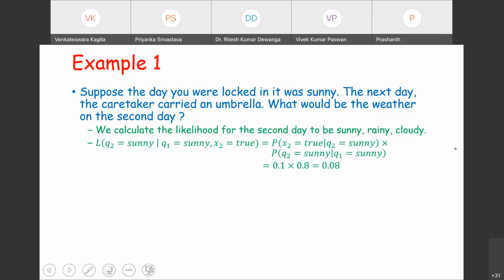So the likelihood that the second day is sunny, given Q1 is sunny, because the day we were locked in, it was sunny, so we know Q1 is sunny. And we also know that X2 is true, because on the second day the caretaker carried an umbrella. Right. Which is equivalent, according to the formula we just saw, to probability of X2 given Q2 times probability of Q2 given Q1.